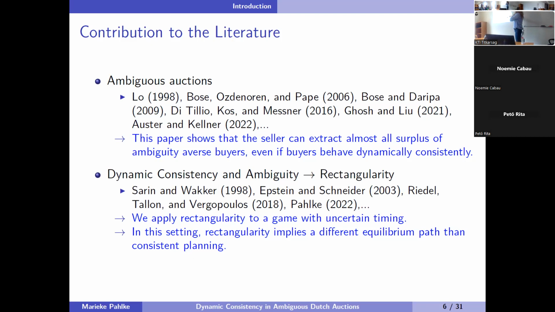The difference here, which will become clearer when I define the model, is that we have some uncertainty about the timing. That's why we cannot define rectangularity directly from decision theory, also because we have to consider this auction setting. So it's not straightforward to apply, but I will use this technique, and it's basically a way of reasoning that gives us backward induction.